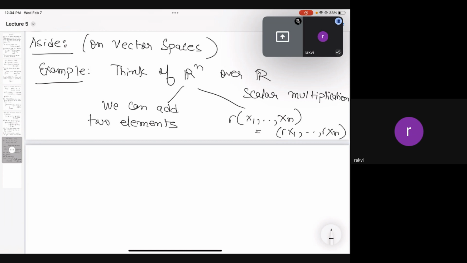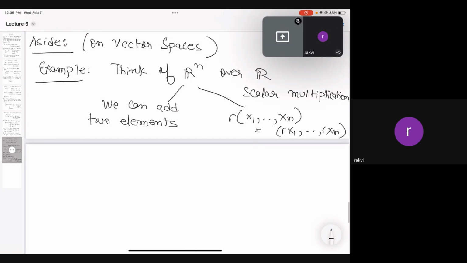So vector spaces in general are sets that come with these two operations: you can add any two elements, and you have scalar multiplication. This might remind you of fields, where we also had two operations, addition and multiplication. But this is slightly different because I'm not saying that we can multiply any two members of R^n. What I'm saying is that if you take a real number, you can multiply it with a vector. So there is a slight difference there.